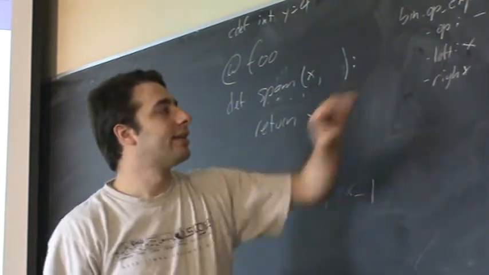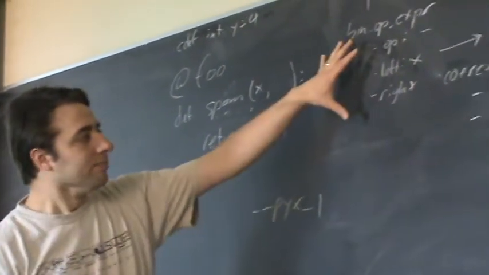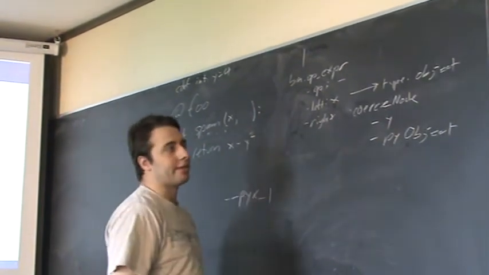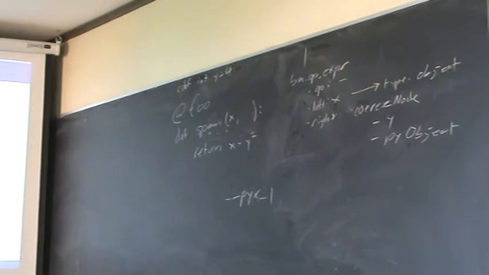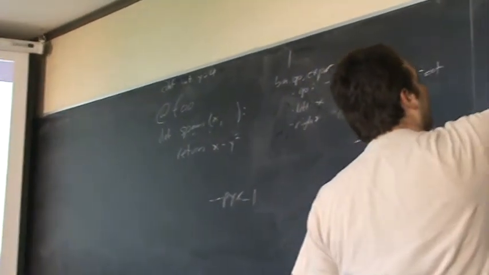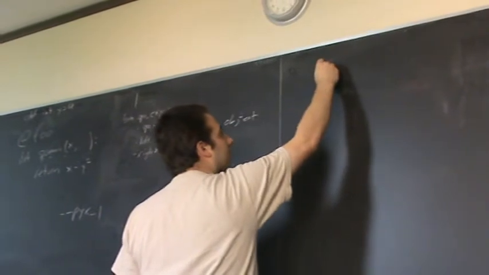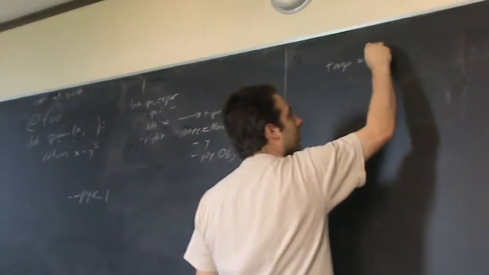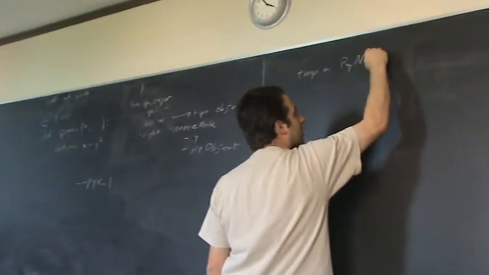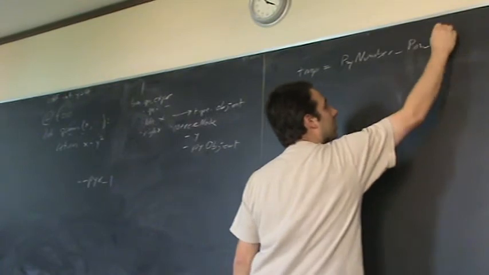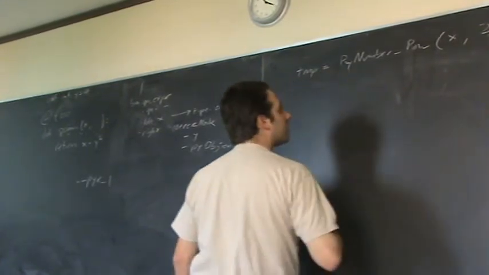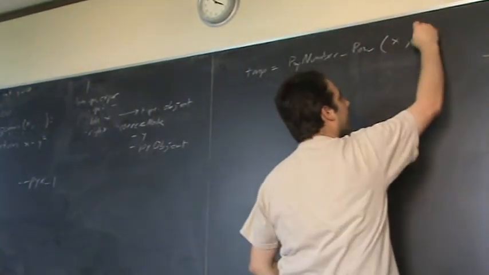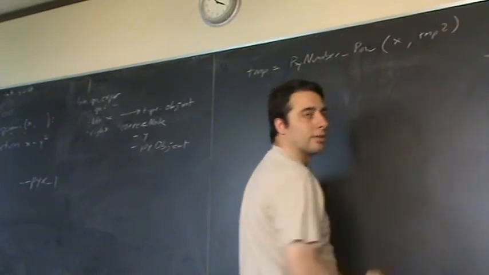So what happens, for instance, is this code right here. If I write something like this, the actual C code that gets generated looks like this.